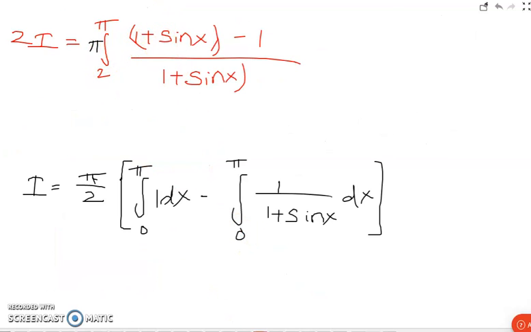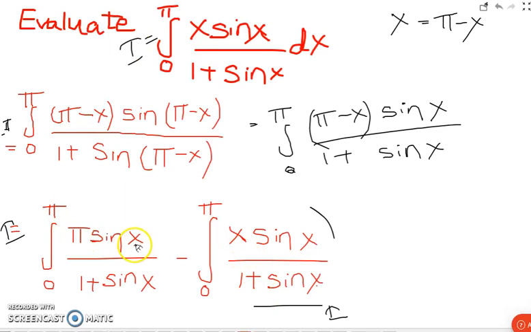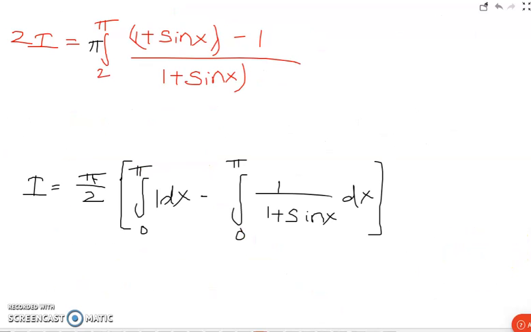Now what do we get here? Integral of sin x by 1 plus sin x from 0 to pi, and pi gets outside. We write 1 plus sin x minus 1, since 1 minus 1 is 0. Why have we written this?